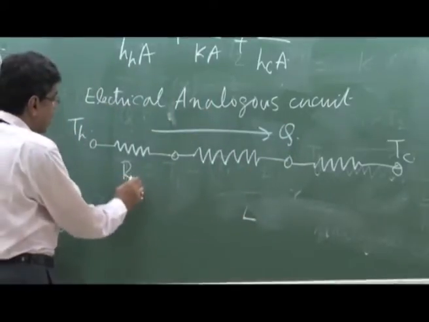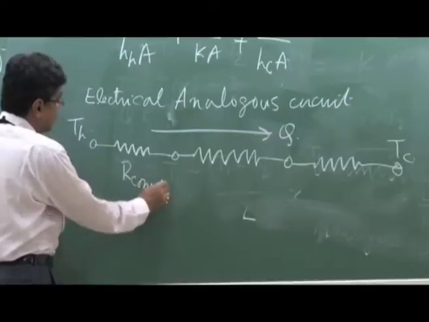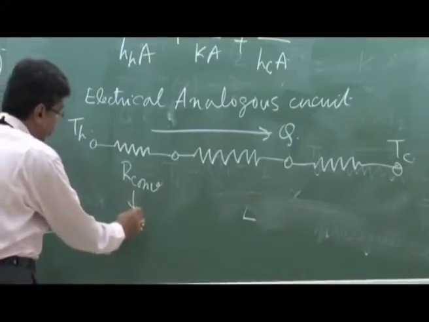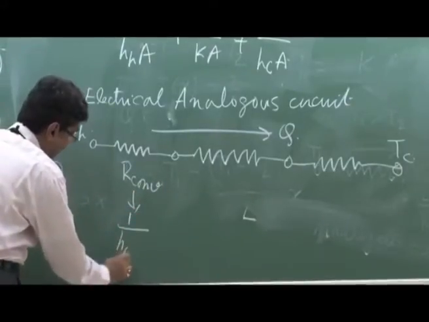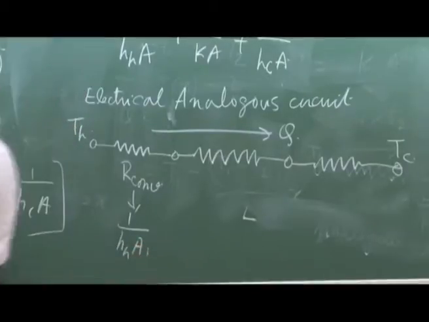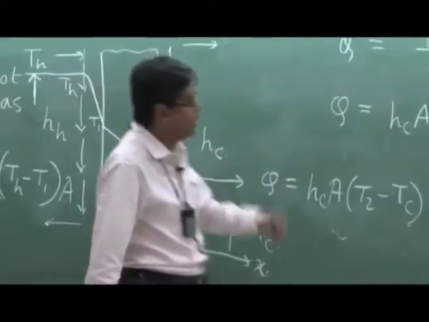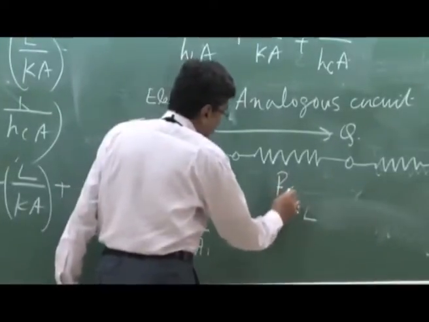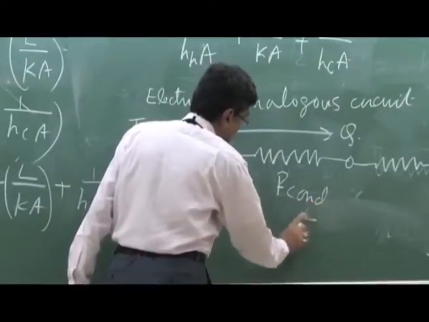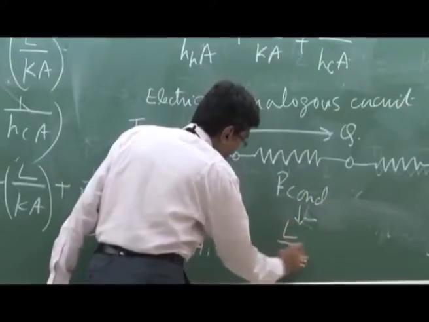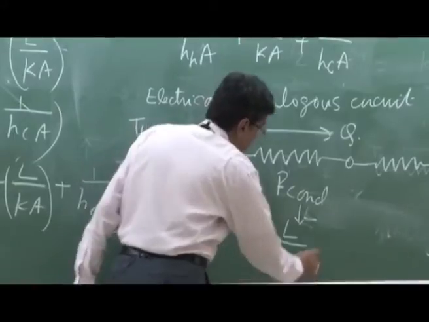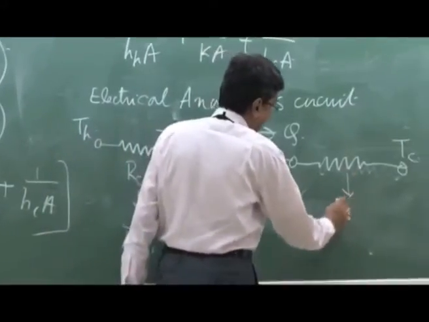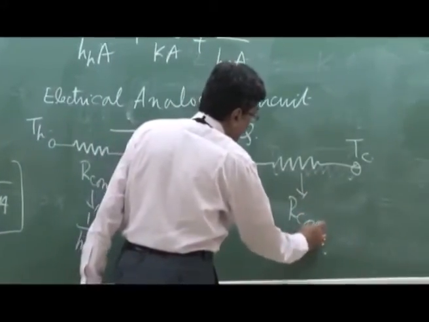This is the convection resistance, R conv, which is equal to 1 by HHA. Obviously, the heat transfer coefficient is like conductance, so the reciprocal of it is the resistance. Similarly, as I already told, the conduction resistance is L by Ka, and here is again a convection resistance.